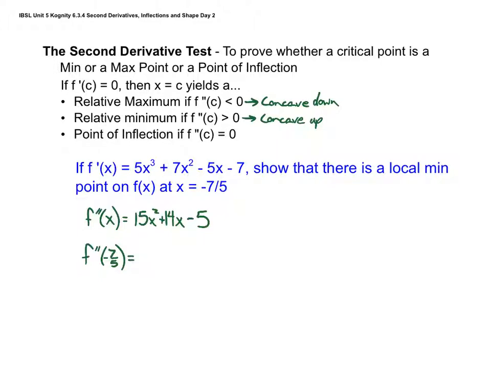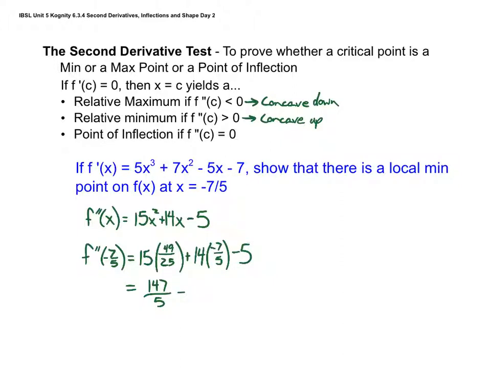Okay, so that's going to be 15 times 49/25 plus 14 times a negative 7/5 minus 5. Okay? So let's see what I can do with this. The 15 and 25 will cancel out a 5. So that's going to be 3 times 49, which is 147 over 5.